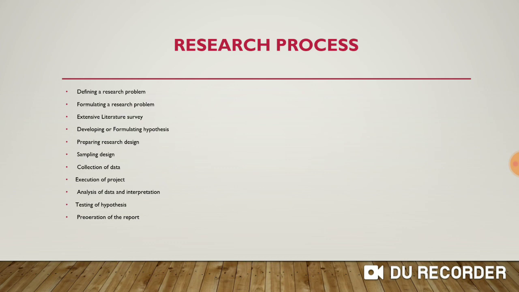So there must be a specific research design which is most suitable for the entire research work. While drafting the research design, the researcher needs to select a sample, that is called a sampling design. So research is also based on sampling design.